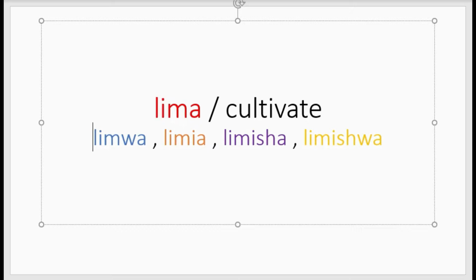Okay, so lima is a verb which means cultivate. Then we have limwa, limia, limisha, limishwa, and we will learn all these, what they mean and how they are used in Swahili.